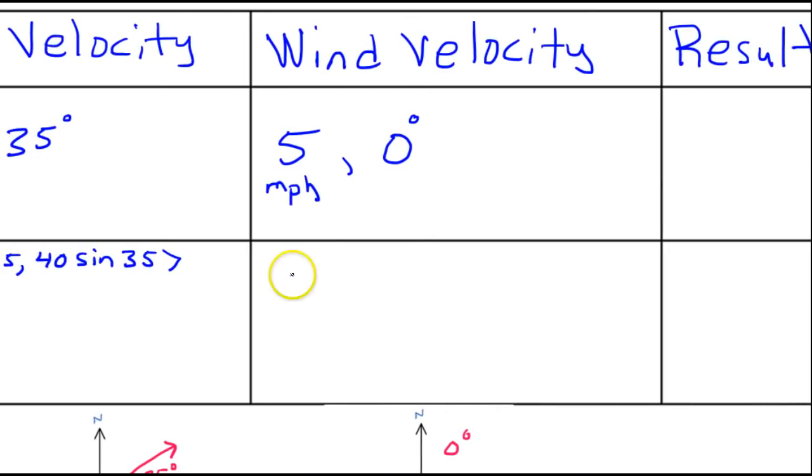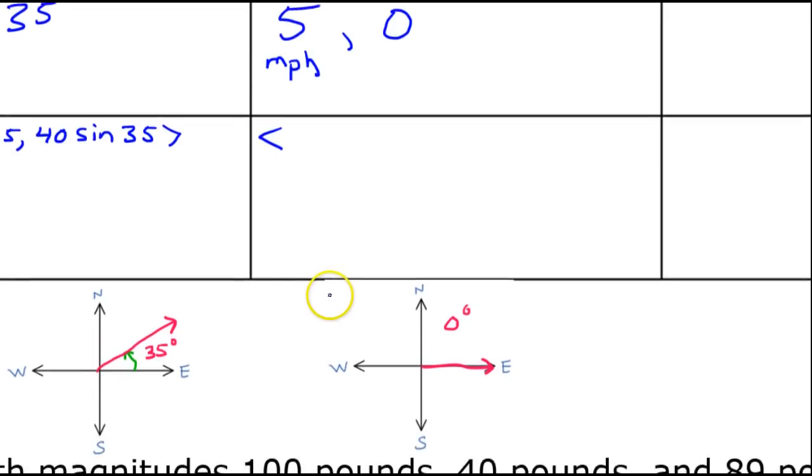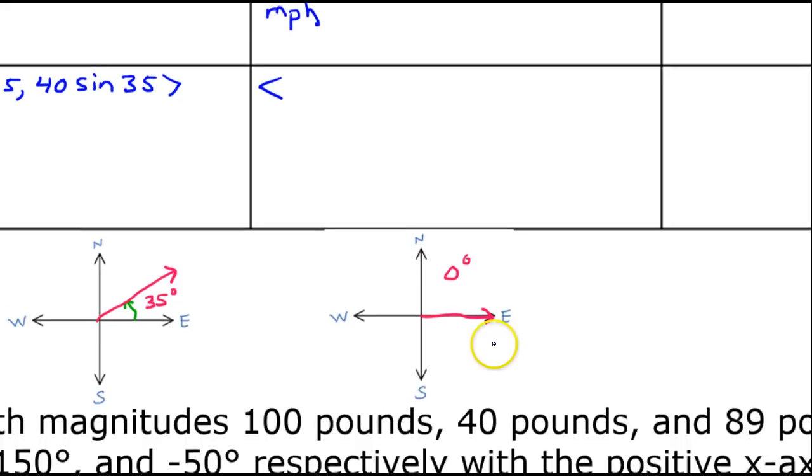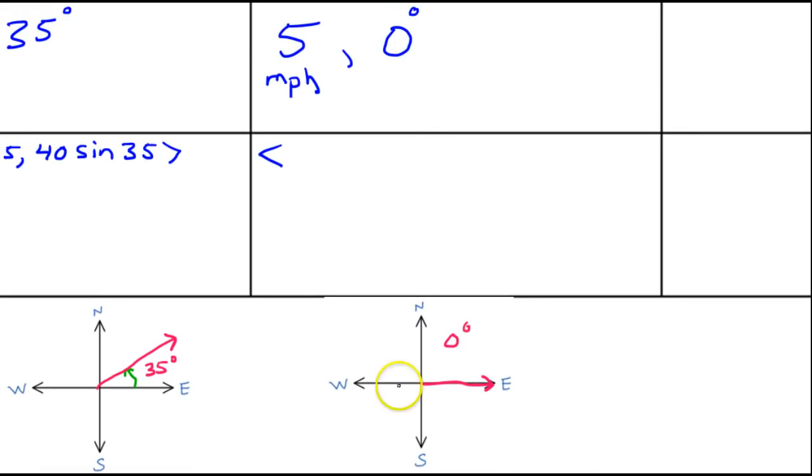For the wind velocity, if I do r cosine theta, well, actually, let me stop. Let me not use this formula. That's not necessary when you're dealing with a direction that is either north, south, east, or west, a quadrantal angle, if you will. We don't need to do any r cosine theta, r sine theta. Instead, let's use our common sense. When we do component form x comma y, the x is the horizontal component and the y is the vertical component.